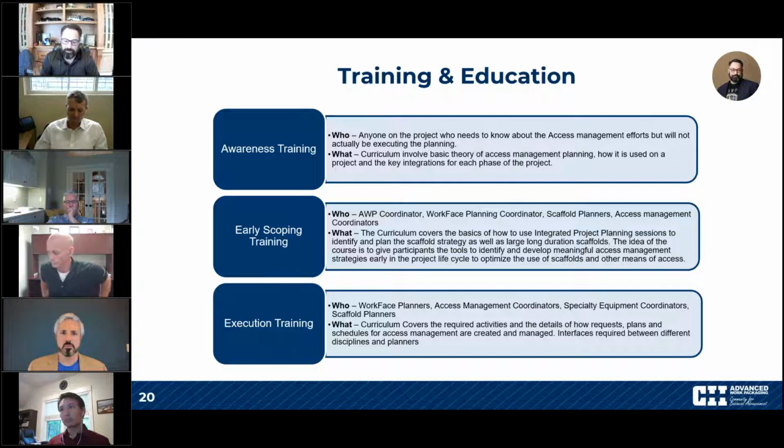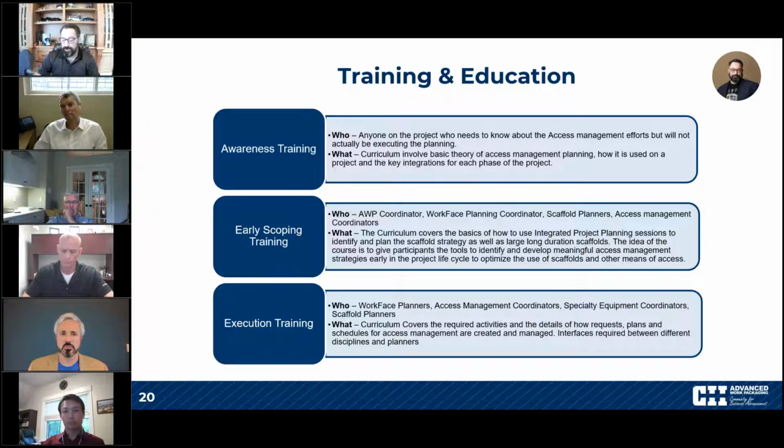A lot of that early scope planning and training is about how you host these sessions, to ensure that you can start to identify both budget and low-hanging fruit for helping to optimize the scheduling of the scaffolding program.